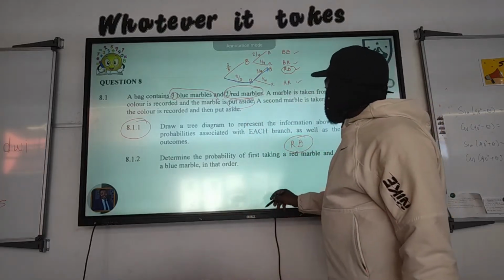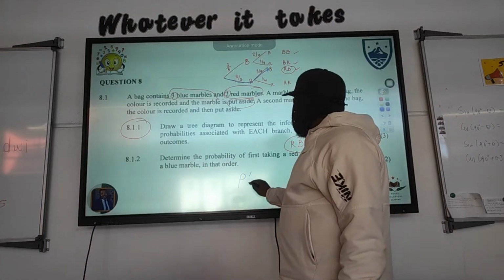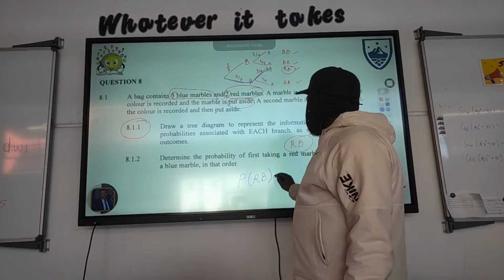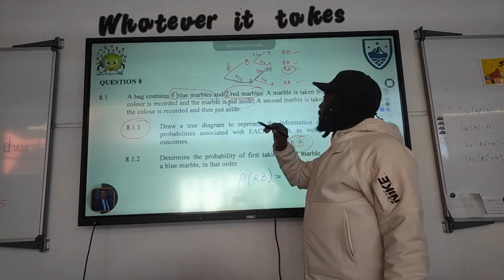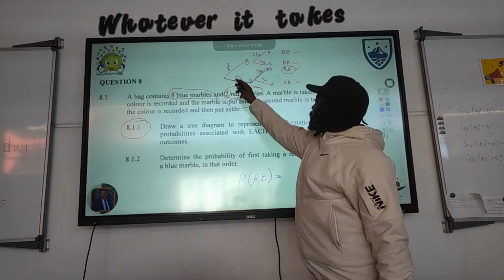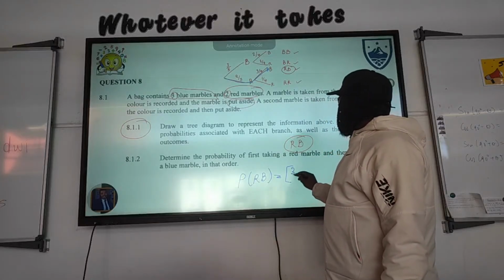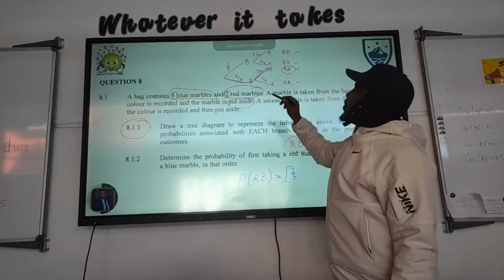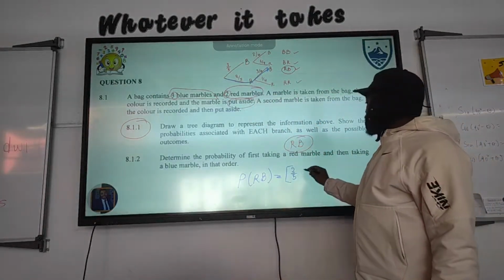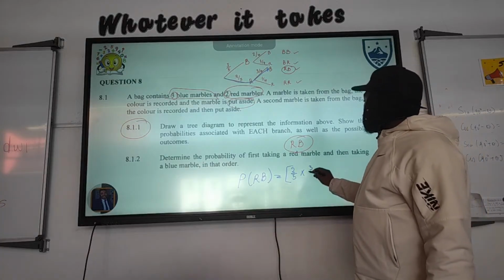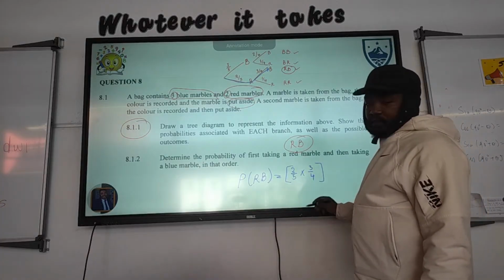So if you want to find the probability of withdrawing a red ball, then a blue ball, you take it from our tree diagram. It will simply be 2 over 5, because we're moving along the track, so we multiply. This will be multiplied by 3 over 4.